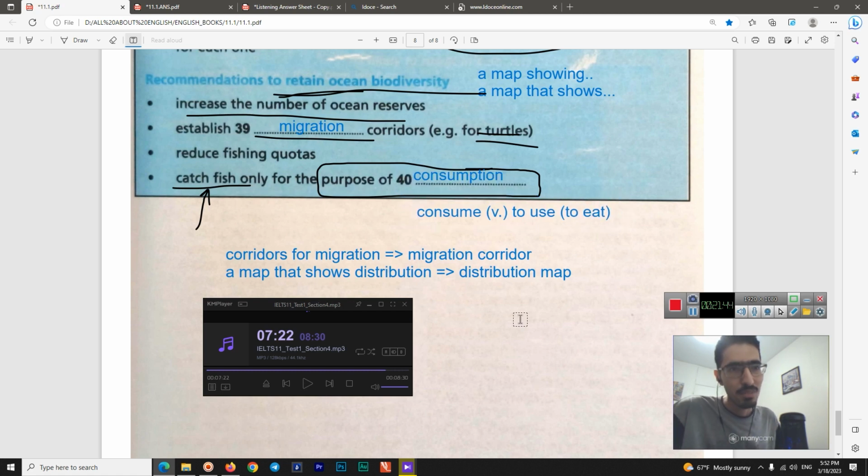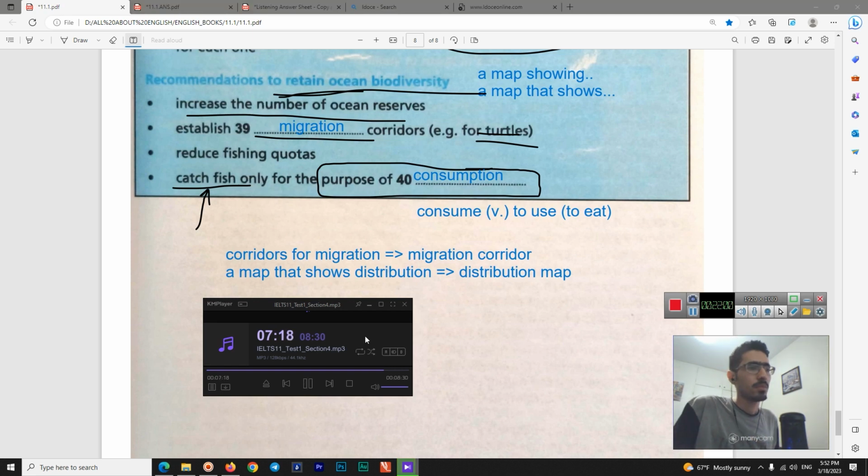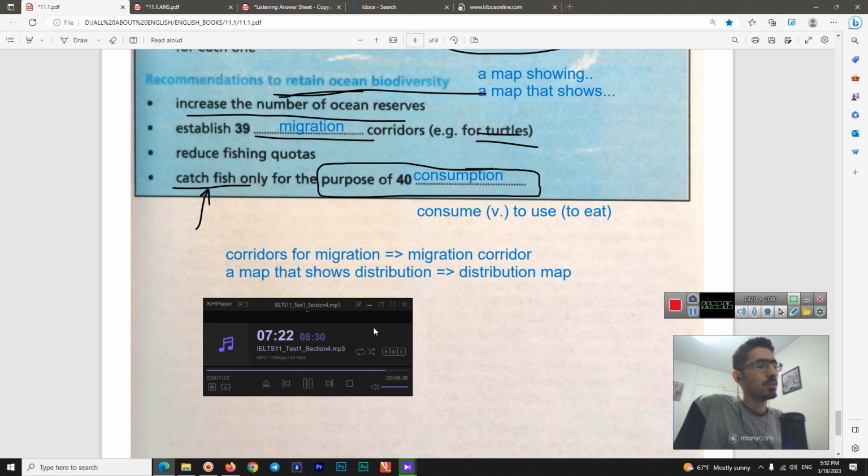Food consumption means the use of food, eating food. So we need to have some equipment that is selective. Do not kill all the fish, but kill the ones that we want to eat for consumption. Or selective so that only the fish wanted for consumption were caught, this problem could be overcome.